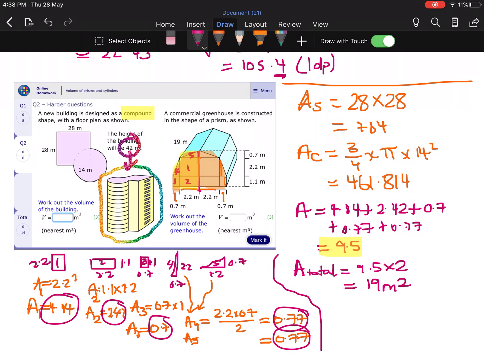So last thing to do, that's the hard bit. The easy bit's find the volume. Volume is equal to the area of the front face times by the length, which is also 19, funnily enough. 19 times 19 gives me 361 meters cubed to the nearest meter, but there was no decimals anyway, so that would be the final answer that you put into here.